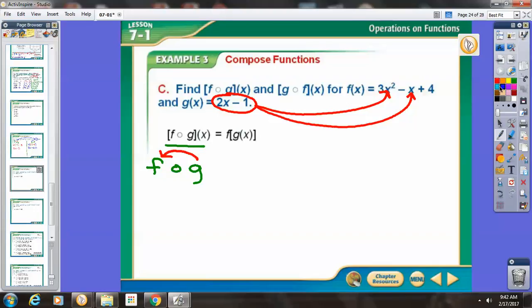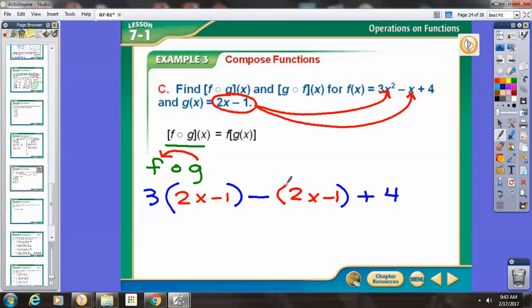So let's write out what that's going to look like: 3 times (2x minus 1) squared minus (2x minus 1) plus 4. Thank you. Yes, it should be squared right here.